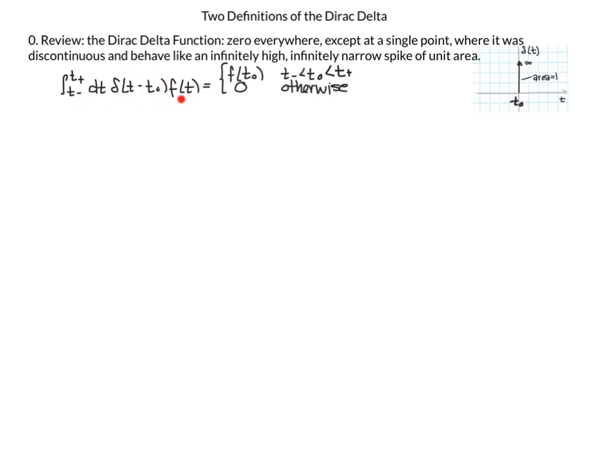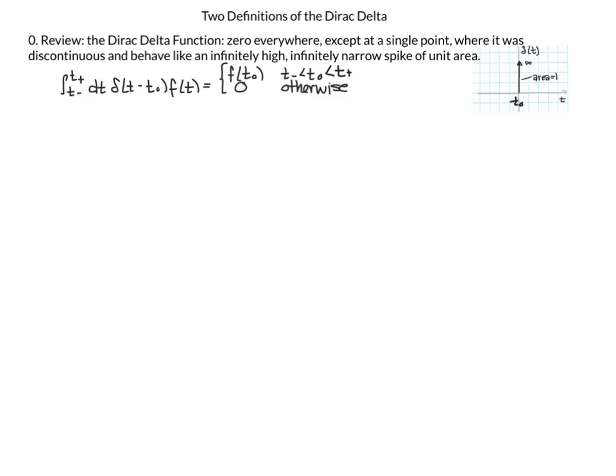Inside an integral, when you multiply by a function and then integrate over this interval, if the interval contains t naught, then this definition will give you f of t naught. If it doesn't contain t naught, then it'll be 0.